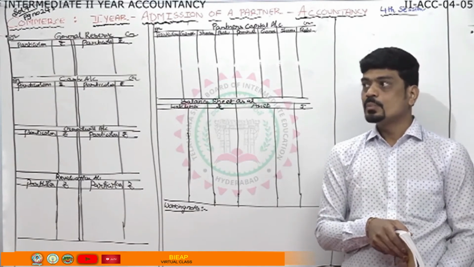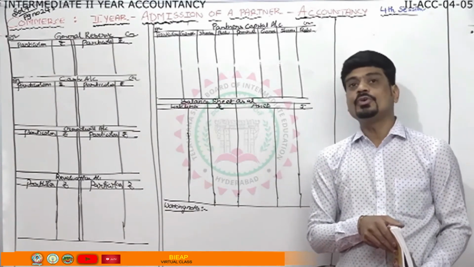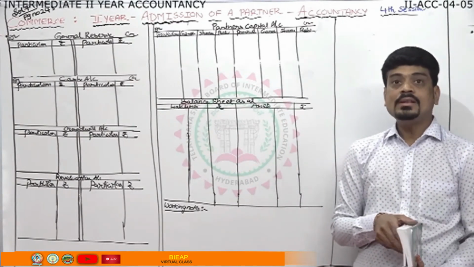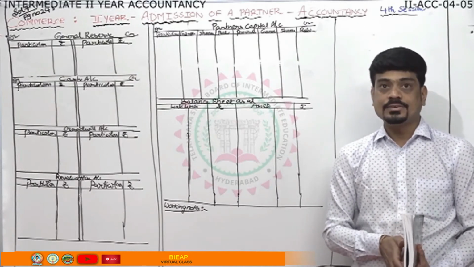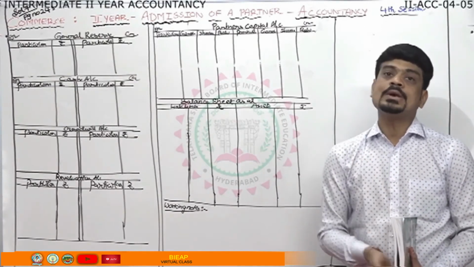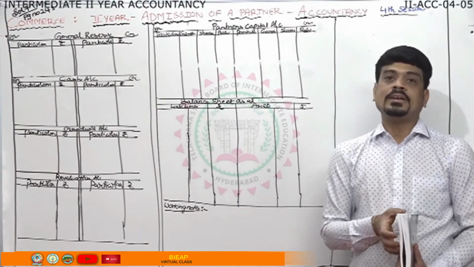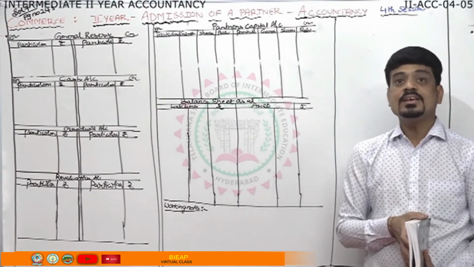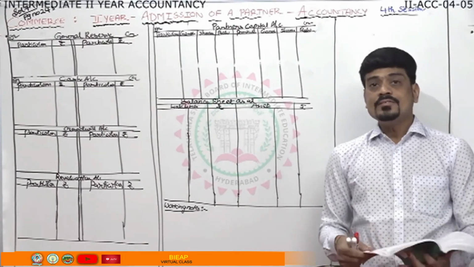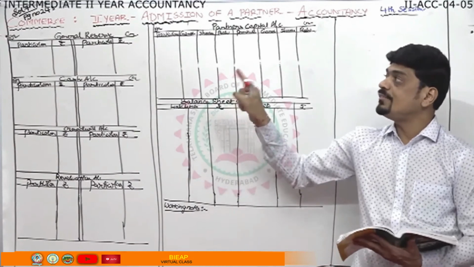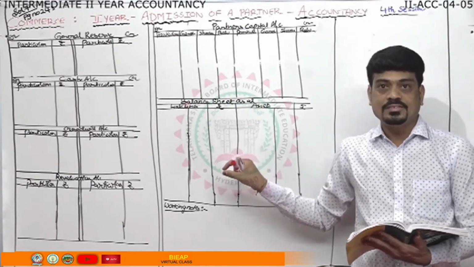Today I am going to teach you the second case of goodwill, that is, when the new partner brings the goodwill in cash, but it is withdrawn by old partners. In the sense, whatever share of goodwill the partners get, they are going to withdraw. So today we are going to see problem number 7 of your textbook, which is of the goodwill withdrawn case.